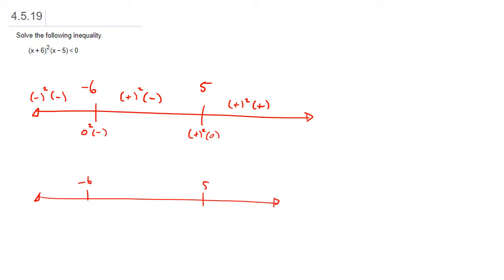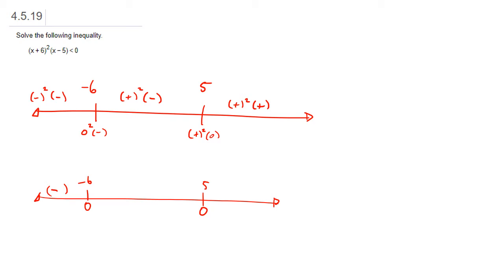So to the left of minus 6, I have negative squared times negative. So negative times negative times negative. Overall, that is negative. Here I am equal to 0 because one of the factors equals 0. And also at x equals 5, one of the factors is equal to 0, so the result is 0.